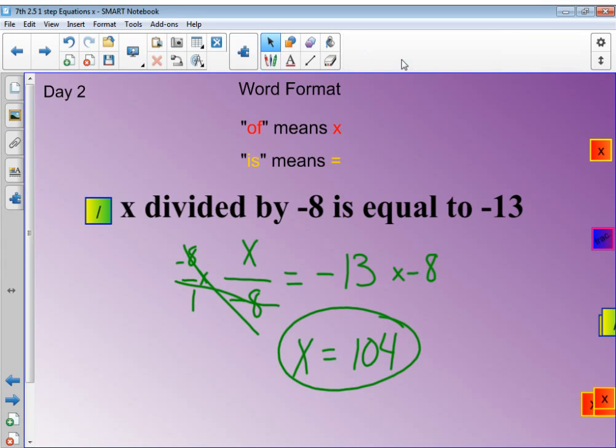So you should have gotten n equals 104, or x, sorry.